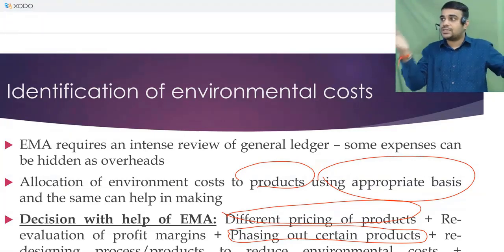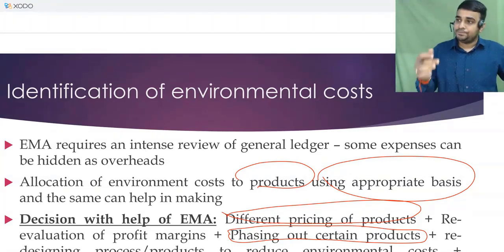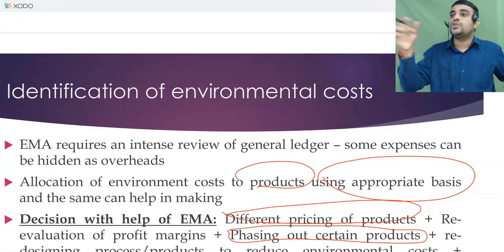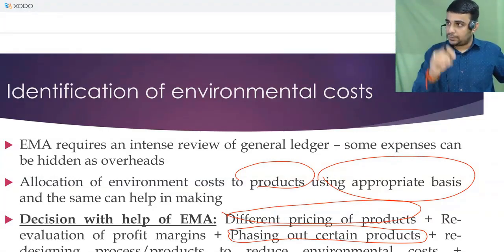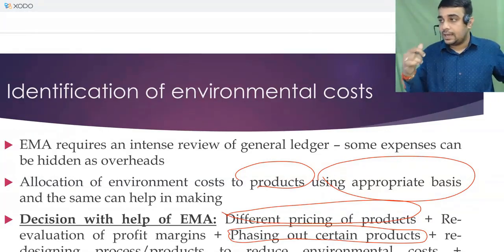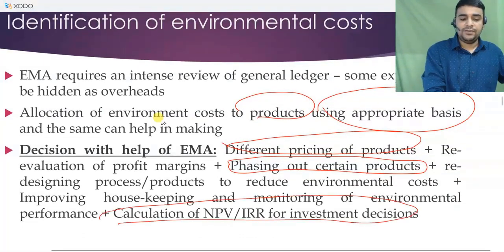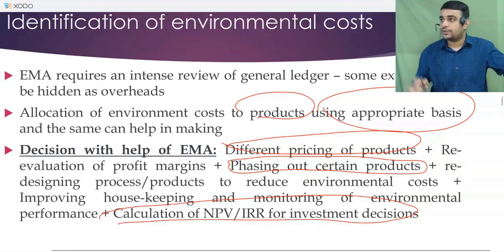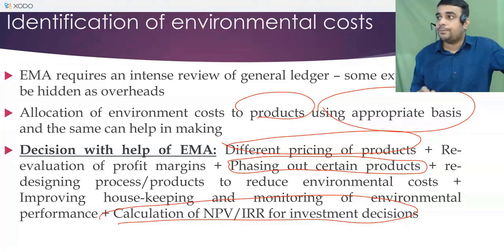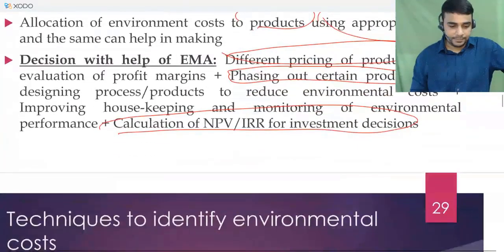You were converting a forest land into a normal land. That analysis was also using the concept of EMA. The concept of EMA was to be used in analyzing that project. Calculation of NPV or IRR for investment decision. So that investment project should have been done with the help of EMA understanding.